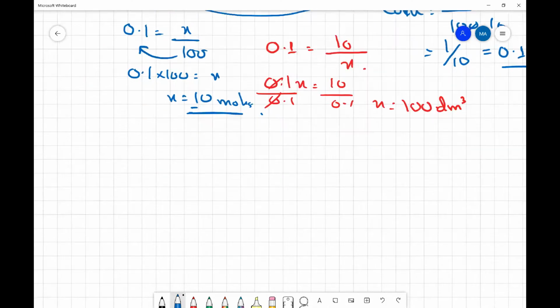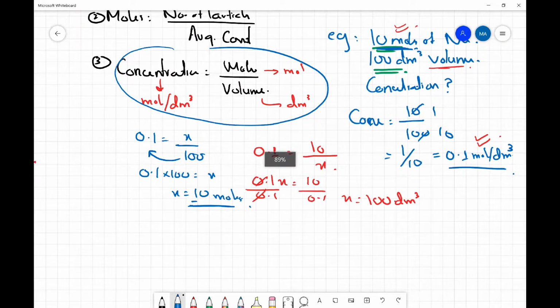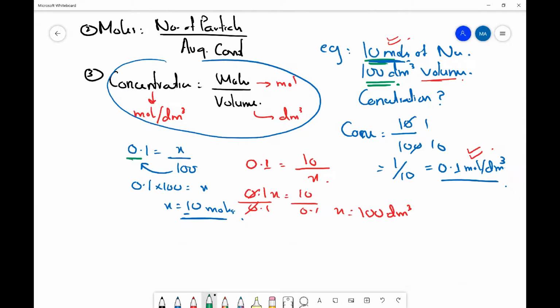I don't understand the one where the volume is not given. The one where volume is not given. Okay, so look at this. This is concentration, right? We're assuming that we already know the concentration. We calculated the concentration in the first step, right? So now we're assuming that concentration is given, is 0.1.